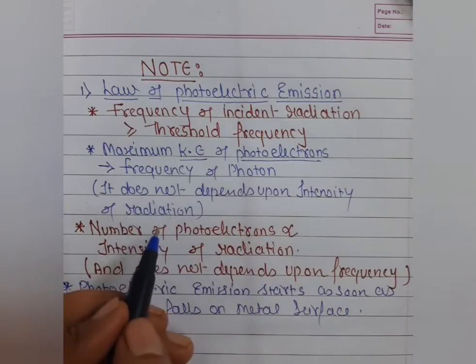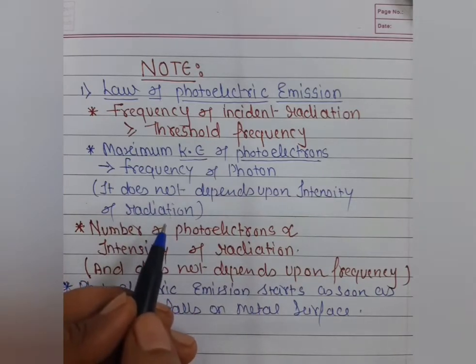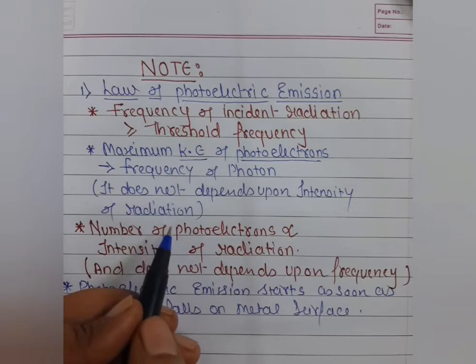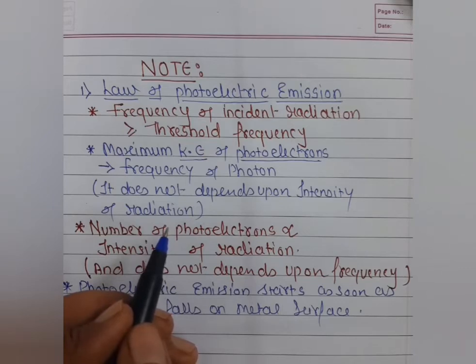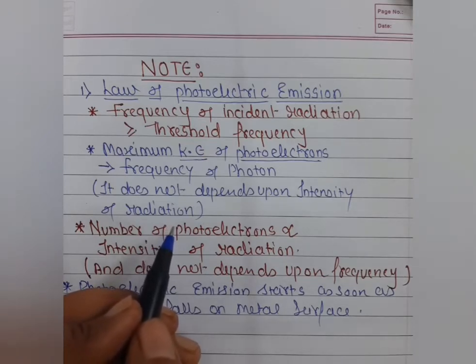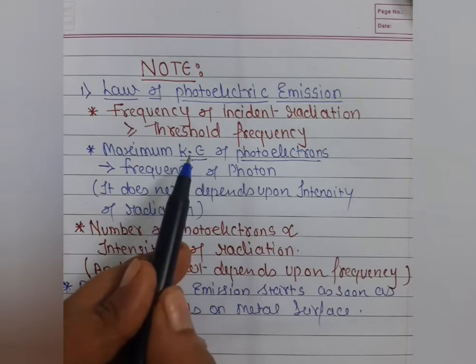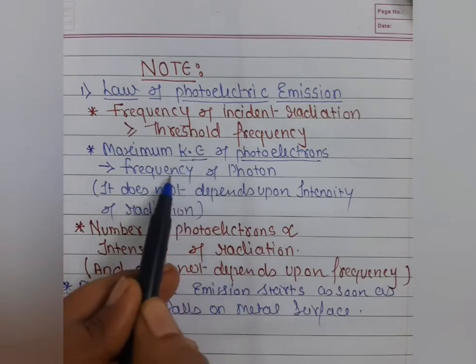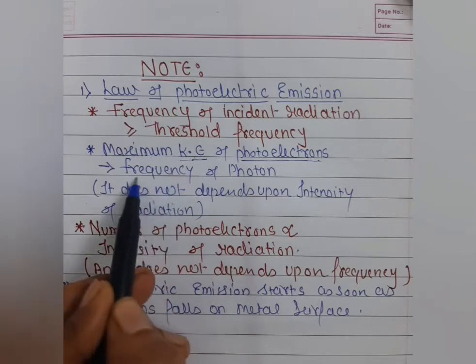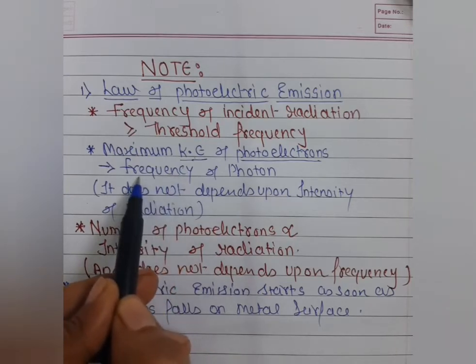When we increase the power of light, it removes more electrons from the metal, because it has the power to eject lots of electrons, but the kinetic energy of each electron remains the same as long as the frequency of light is the same. Frequency of light means the color of light, the energy of light.